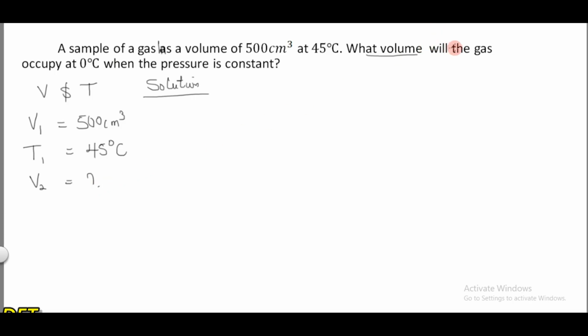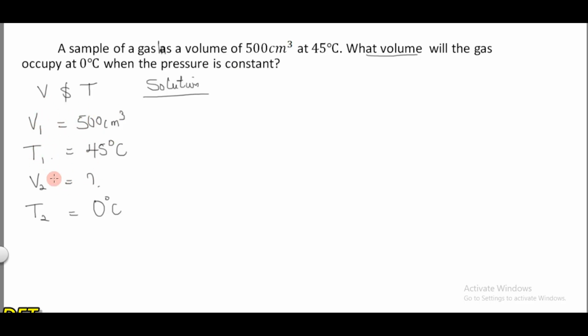What volume will the gas occupy at 0 degrees Celsius? So our T2 is equal to 0 degrees Celsius, when the pressure is constant. So we have volume here and temperature.